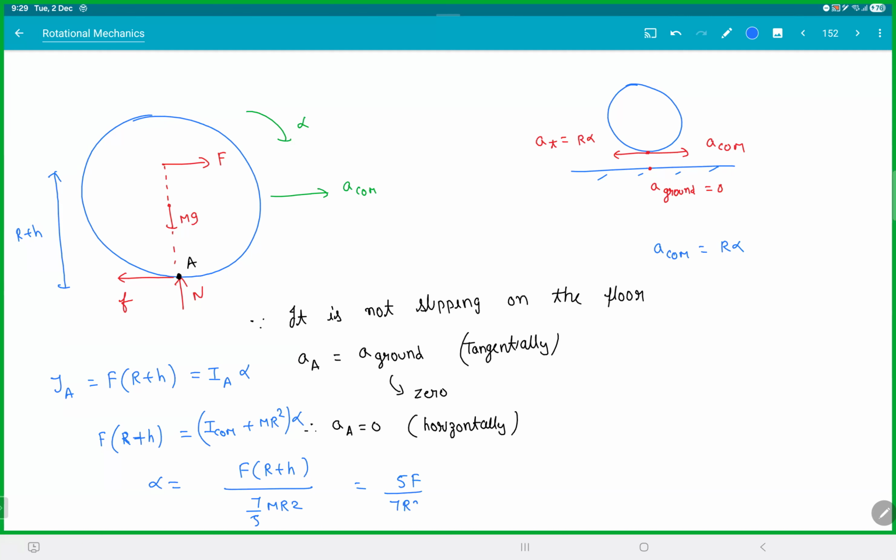So alpha is 5F by 7 mr square into r plus h. Acceleration of center of mass is equal to r alpha, which is 5F by 7m into r plus h. There. Did you see what happened there? I didn't write any force equation, nothing. If you take torque about the bottommost point, you'll get the answer in one equation.